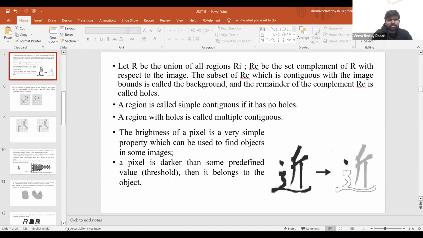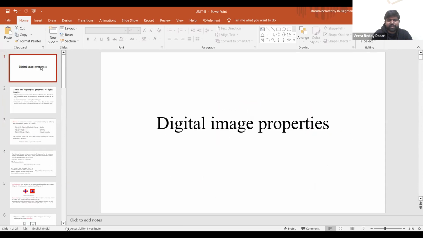And the first topics I explained: what is an image, what is image processing, what is a pixel, what are the types of images, what is the difference between binary and black and white. So types of images I explained, no, that may be asked as a short question.